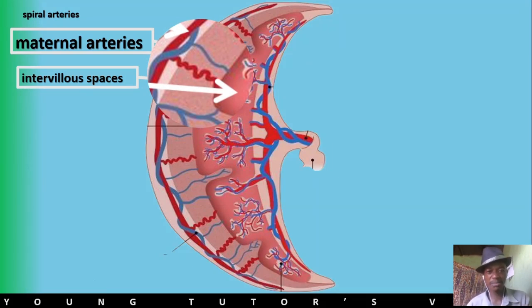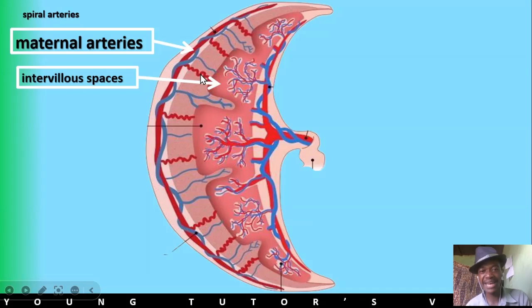Blood is poured in the intervillar spaces for gaseous exchange and diffusion of nutrients from maternal blood into fetal blood.